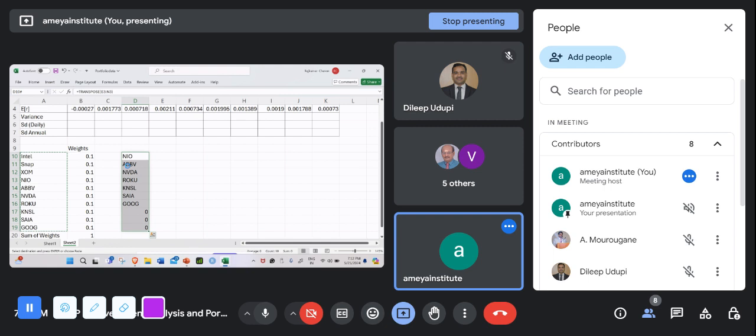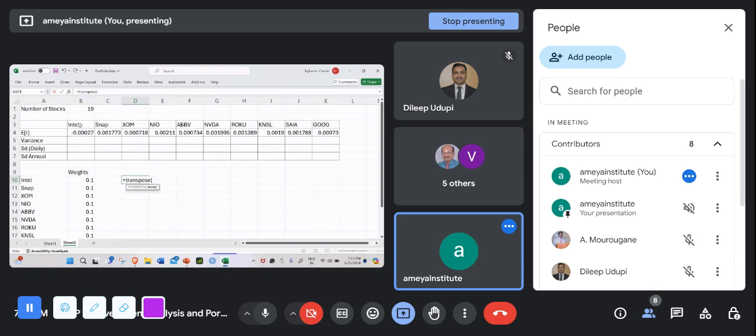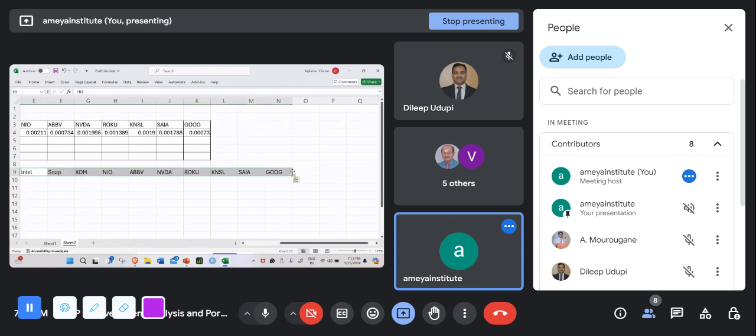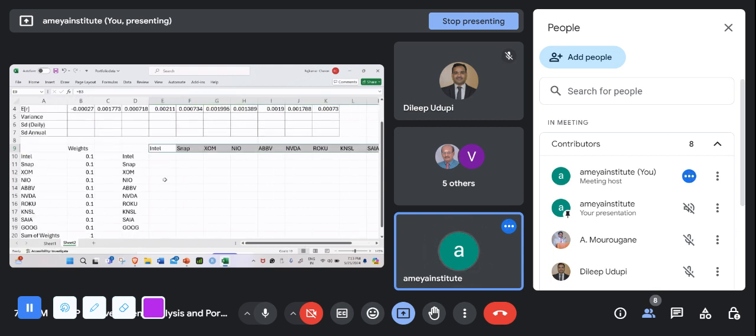So here also we can use the formula transpose for these 10 companies. And here also I can write these 10 companies, Intel to Google, on both the row and column sides.